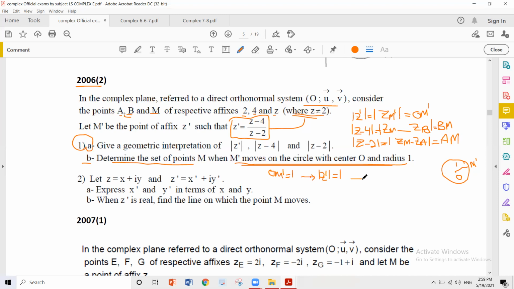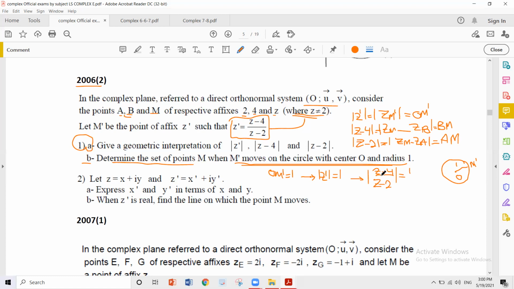It means that the modulus of z minus 4 over z minus 2 equals 1.